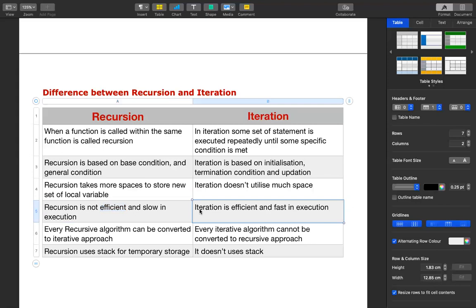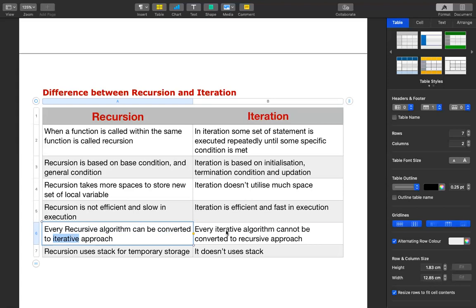Finally, keep one thing in your mind. All the recursive programs we have done, whether it is binomial coefficient, factorial of a number, or Fibonacci series, all recursive algorithms can be converted into an iterative approach. That means every recursive program can be written using loops, but the vice versa is different. You cannot do vice versa.